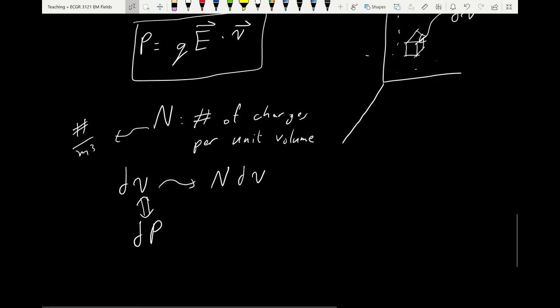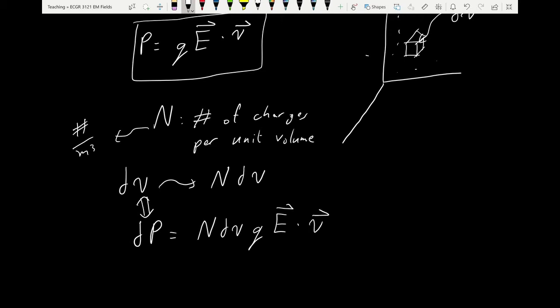So this is going to be N dV, the number of charges in that volume, times Q to give me the total charge. And each charge is going to be affected by the electric field E dot V. Let me rewrite this. So this is going to be N Q E dot V dV.